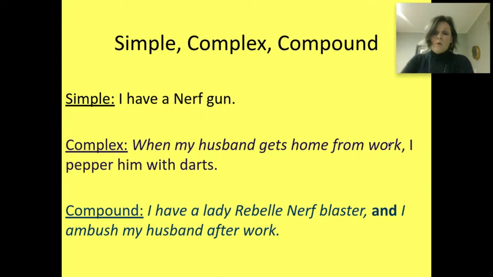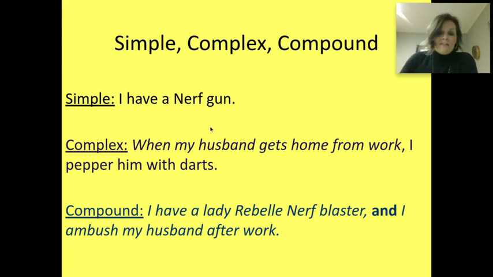It's dependent on more information. When my husband gets home from work, I pepper him with darts. So I say when, there's a comma, so you get used to hearing it. If I just have my husband gets home from work, comma, and I pepper him with darts, that would be compound. But this word when makes the opening clause dependent on more information.